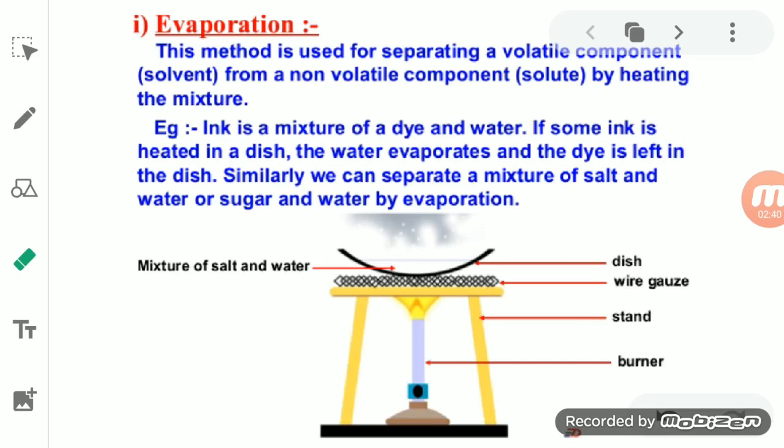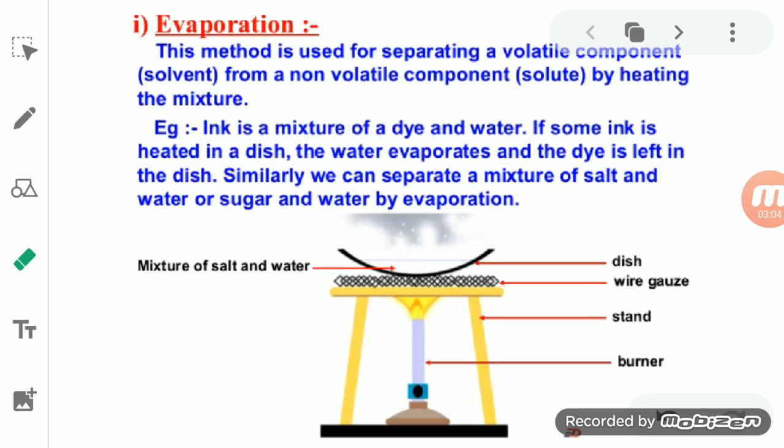So when we talk about evaporation, this is the method which is used for separating a volatile component. Students, we have also discussed volatile and non-volatile components. A volatile component is one whose boiling point is low.